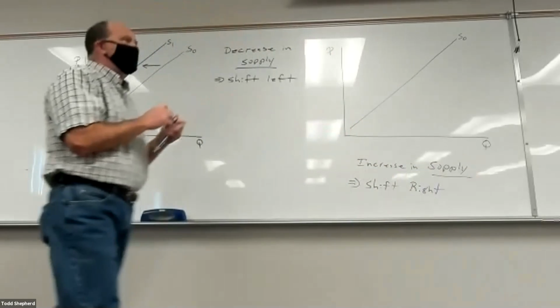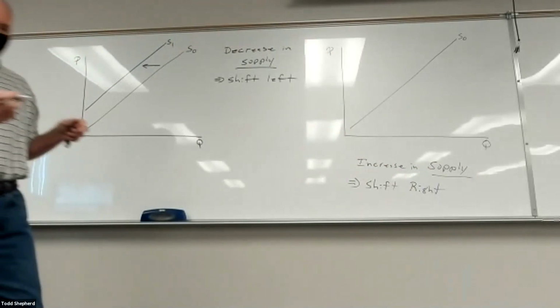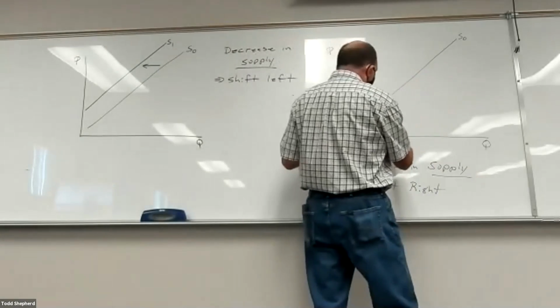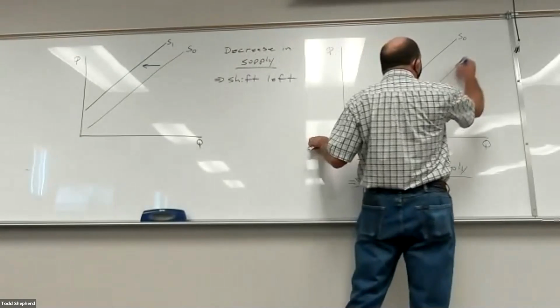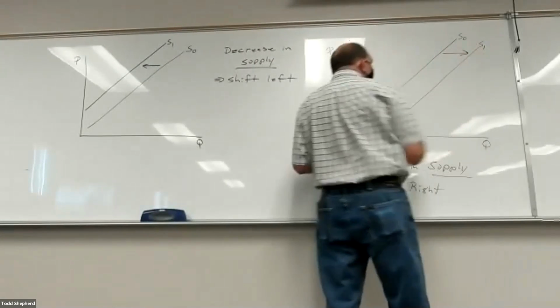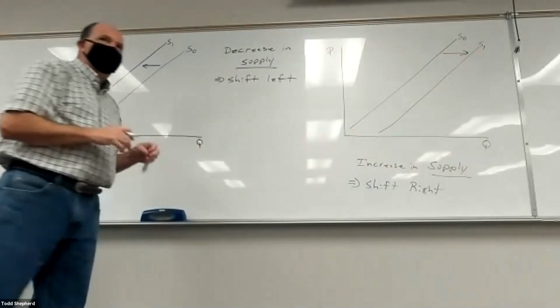The entire supply curve is going to shift out into the right. So in your analysis, you would take your supply curve and shift it out horizontally in that direction.